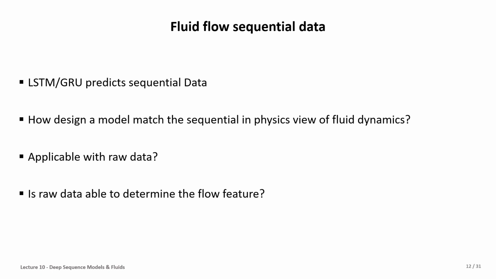As well, from advanced techniques, we can use the particle tracking velocimetry method to have data in time series, which follows a fluid particle, and we can have raw data. With raw data, we can make a model and determine the flow features.